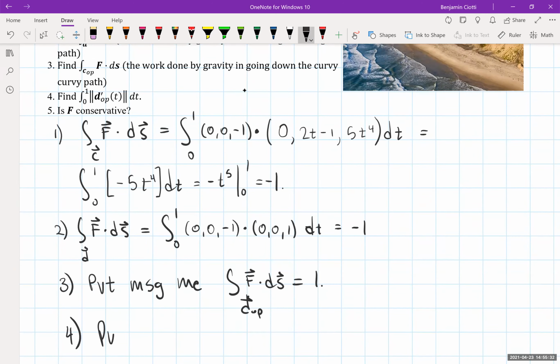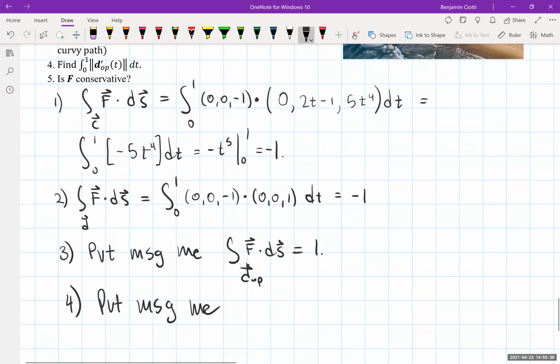How about you private message me the integral of the path length, or the integral of the differential curve length element.